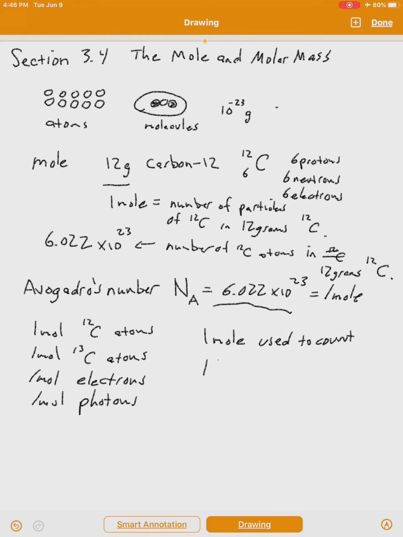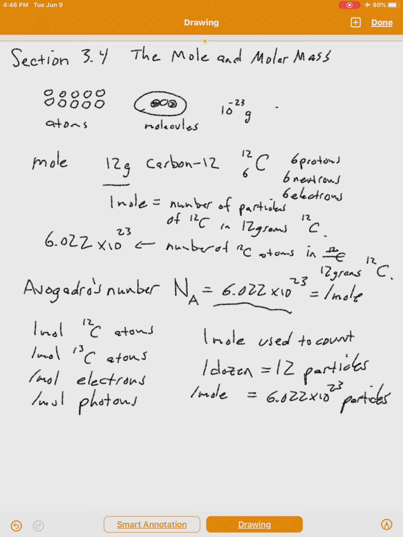Just like we would use a dozen, right? 1 dozen is 12 particles. So if I say I have a dozen eggs, you'd say, okay, that means you have 12. If I have 2 dozen, that means you have 24. 1 mole is the same thing, it's just a bigger number. Now, why use such a big number?